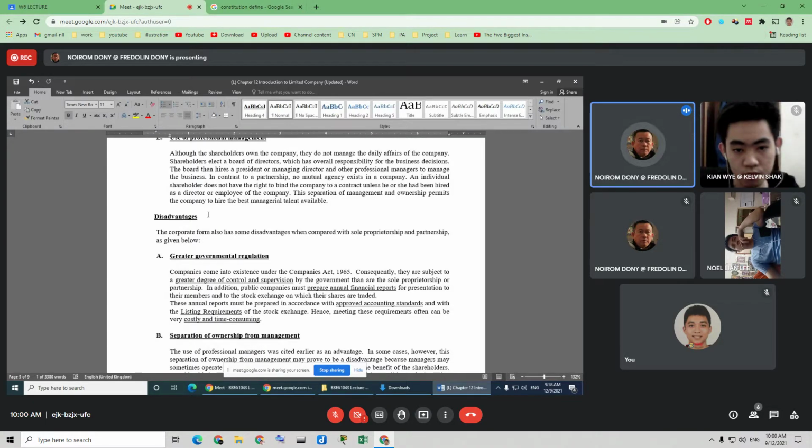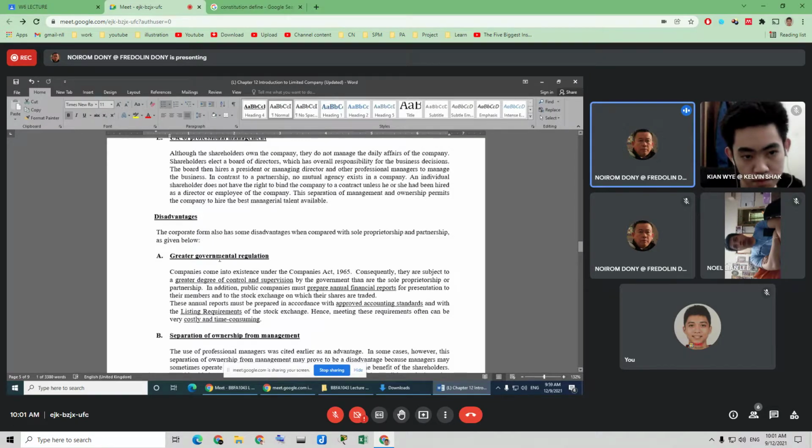The disadvantage is that the company business ownership, especially the public limited company, is holding public funds. Public funds mean they can come from anyone, from the public. And it is managed by professional managers, who are not the shareholders, isn't it? So they are managed by someone who is not one of the shareholders.